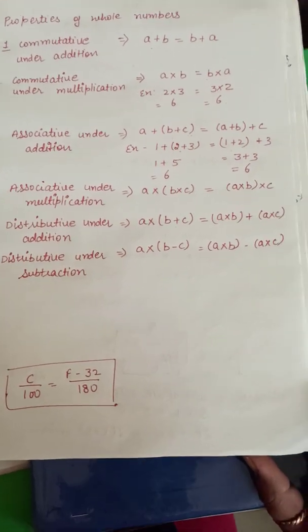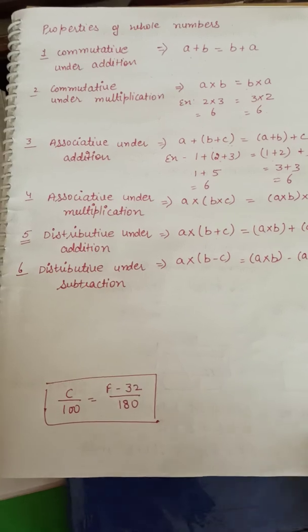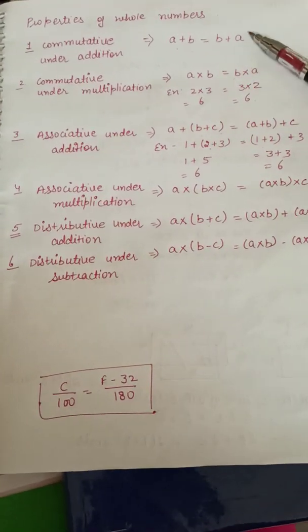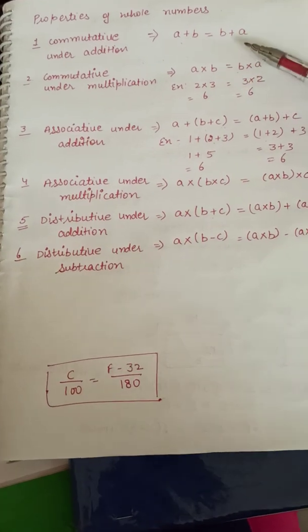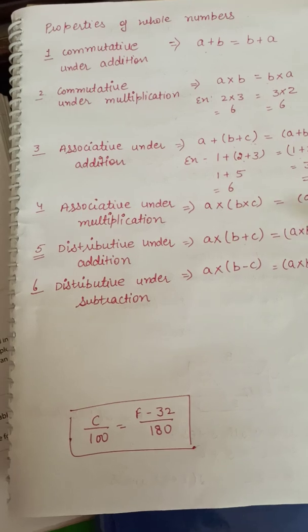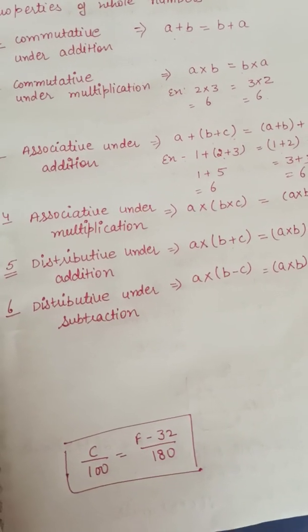These are the 6 properties of whole numbers. You have to learn all these 6 properties. What is commutative under addition? What is the difference between commutative and associative? And what are the distributive under addition and subtraction? Right?